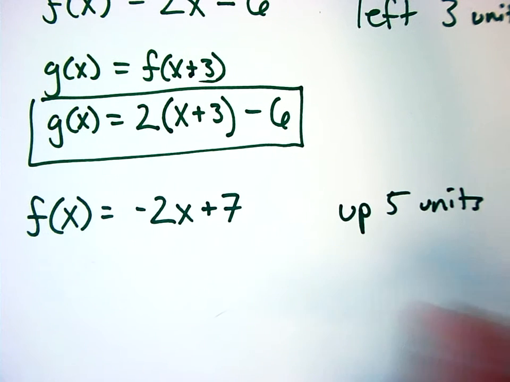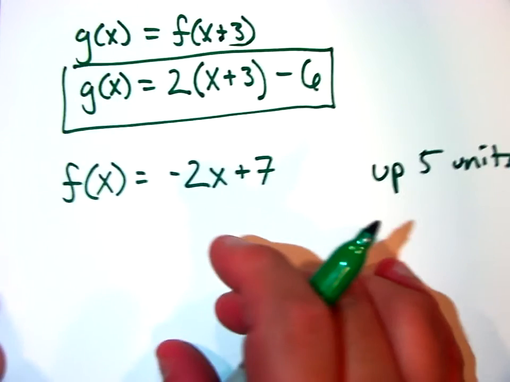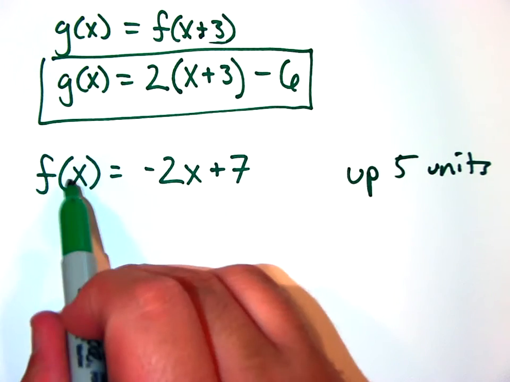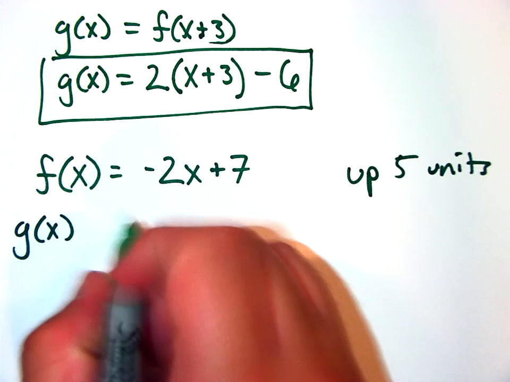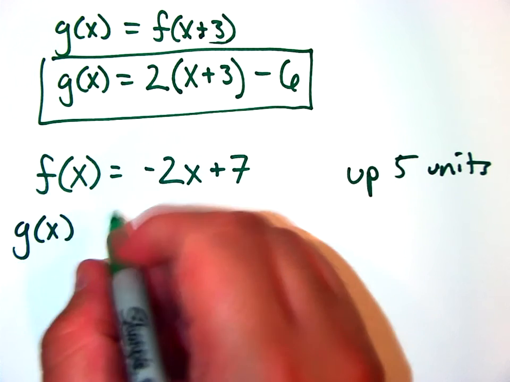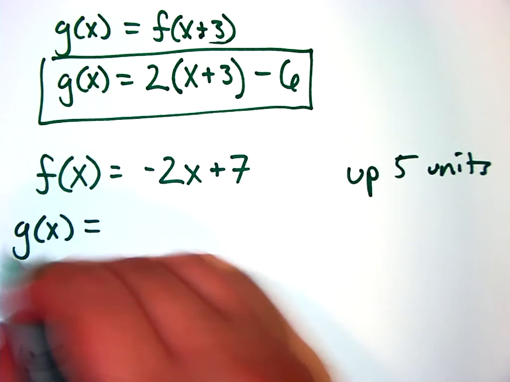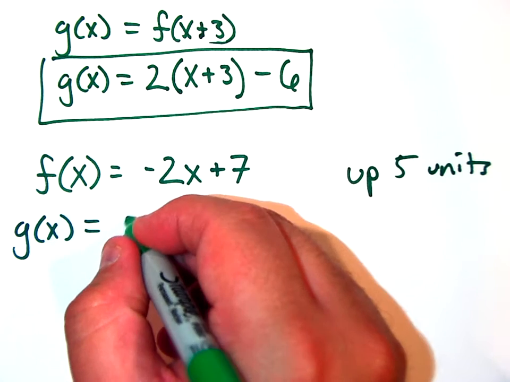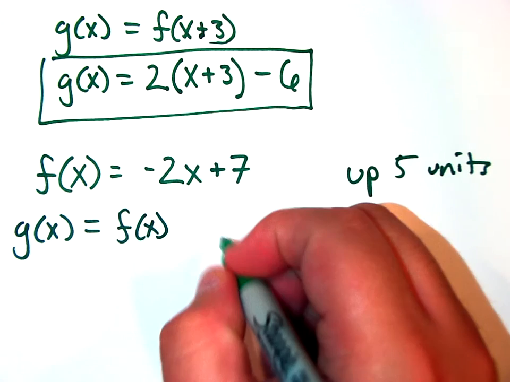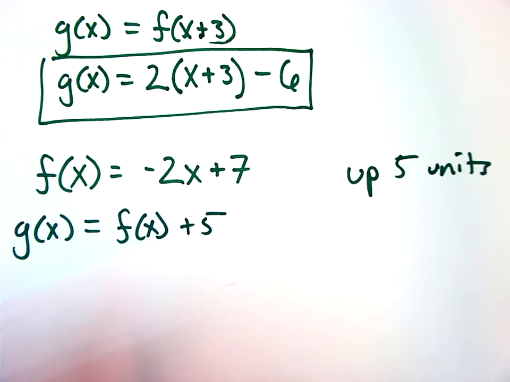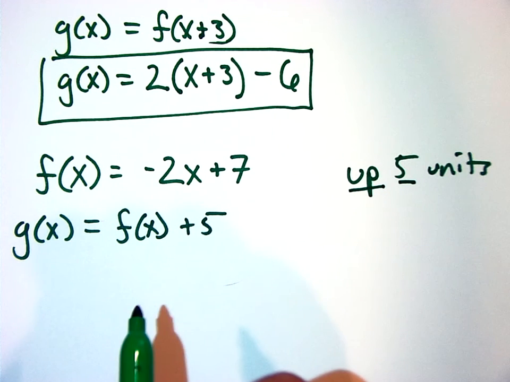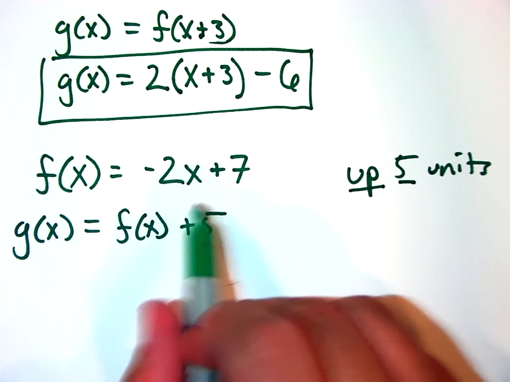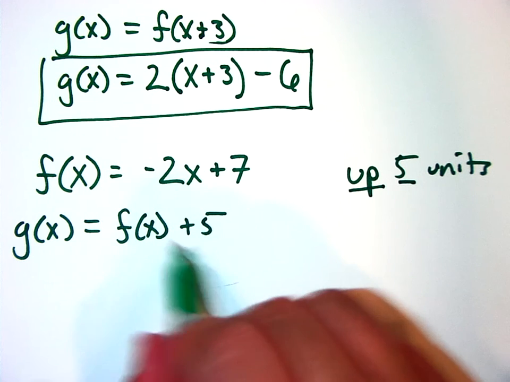Well, you'll find that when we're moving something up, the change is going to happen outside of this function notation rather than inside the parentheses. So our new translated function, g of x, is going to be f of x plus an additional 5, because we're moving it up 5 units. A vertical shift just goes out here, so up or down, it's just going to be on the outside.